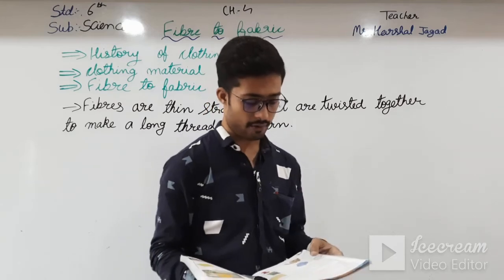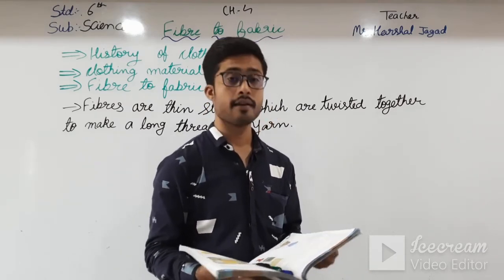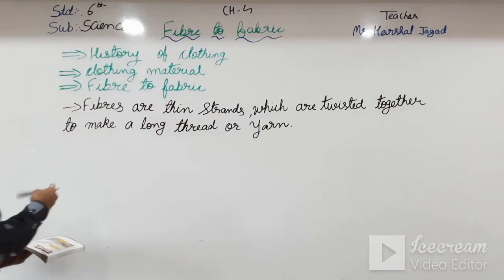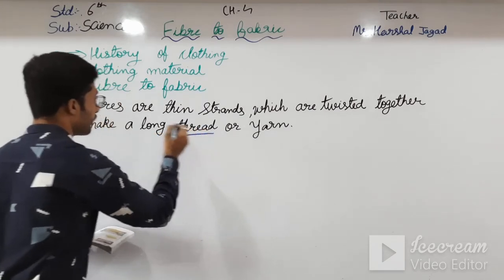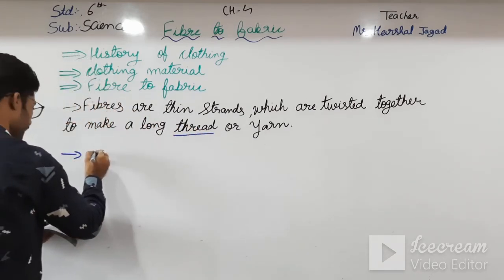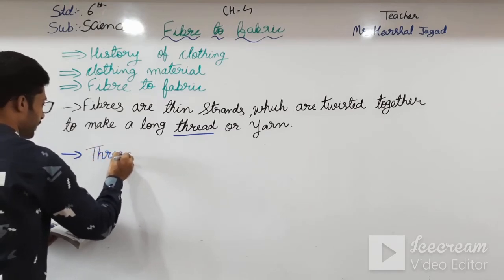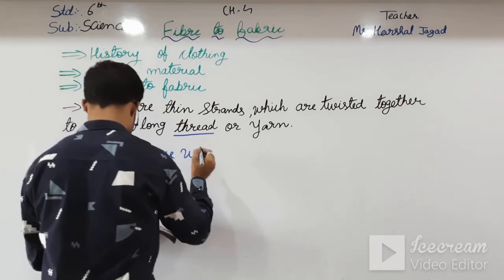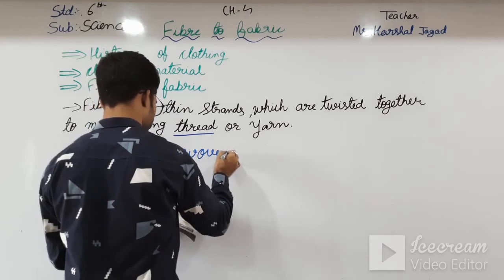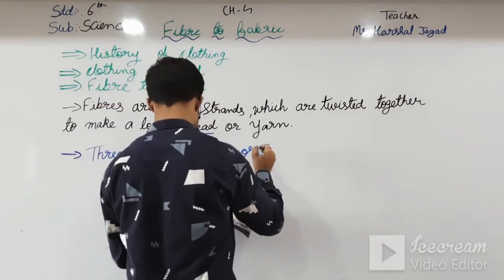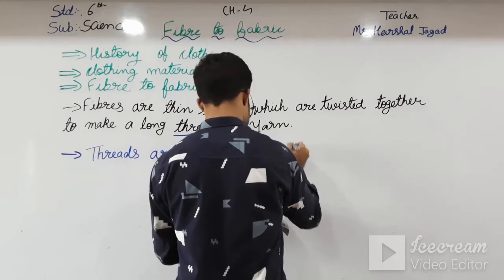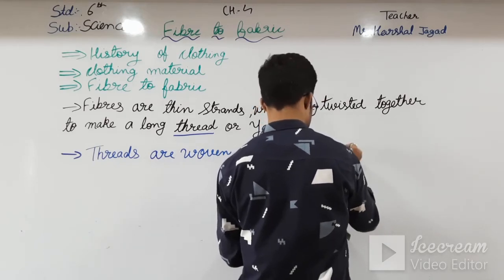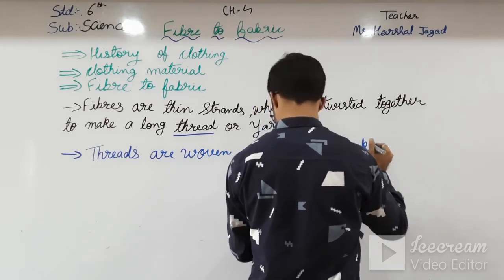Then after, threads are woven or knitted to make fabrics. See here, the next is fabrics. What is it? These threads which we have made from these fibers are woven or knitted to make fabrics.